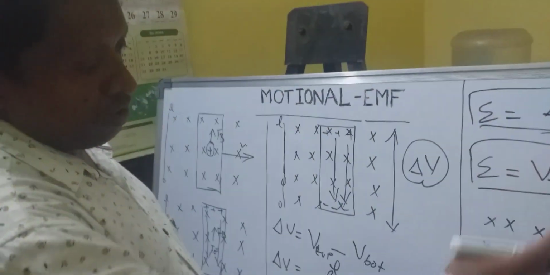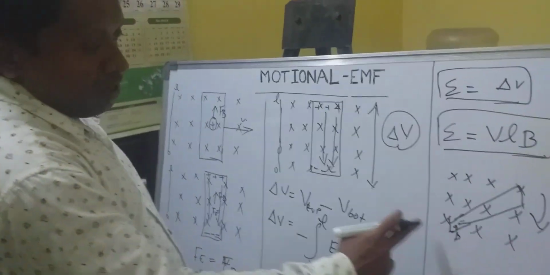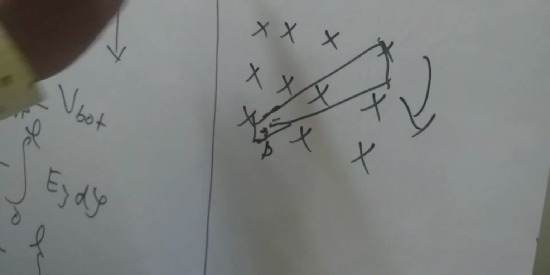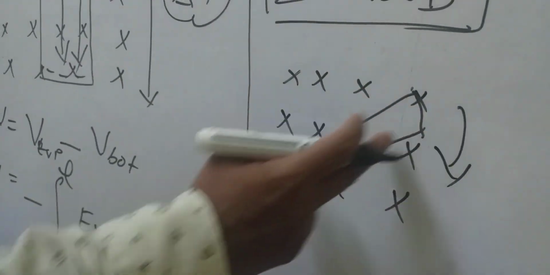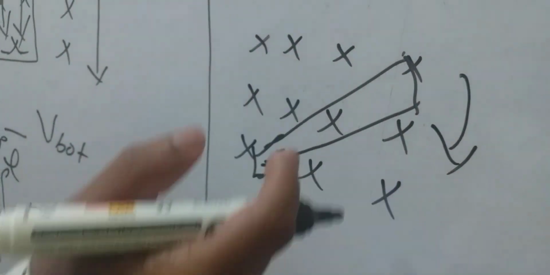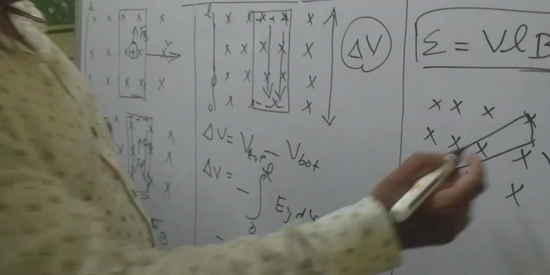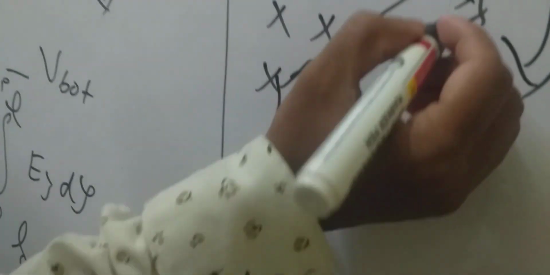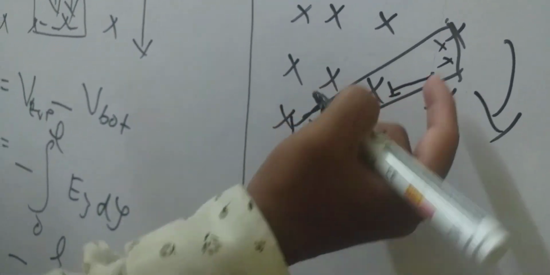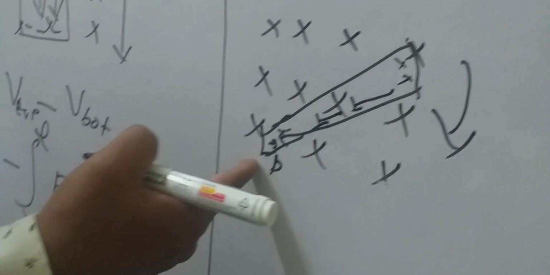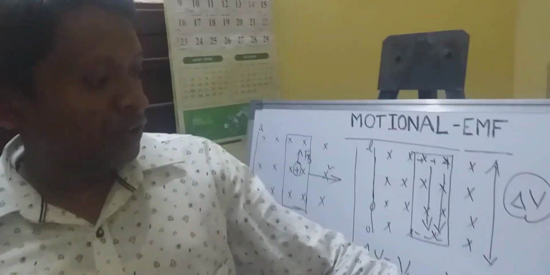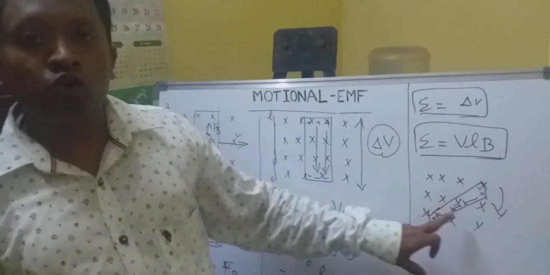We have already seen that when the conductor is moving straight, and here instead the conductor is rotating, the charges are also moving perpendicular to the magnetic field. So positive charge is created here and negative charge here, and the electric field points from positive to negative, towards the pivot. The velocity of the charges increases with respect to r.